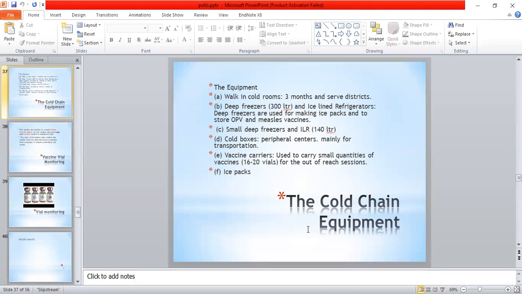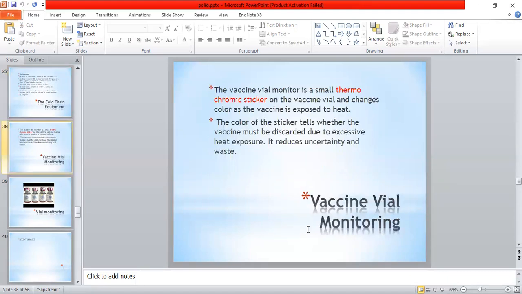And small deep freezers of 140 liters, and cold boxes, which are for the peripheral centers, mainly for transportation. The vaccine carrier is used to carry small quantities of vaccine, like 16 to 20 vials, for the out of reach sessions, along with ice packs.